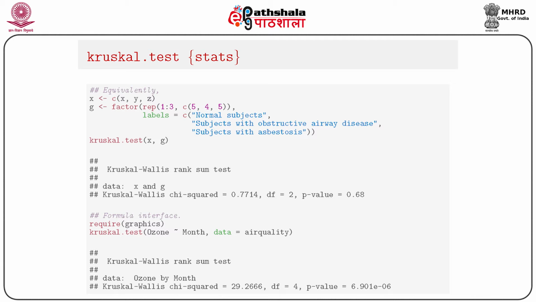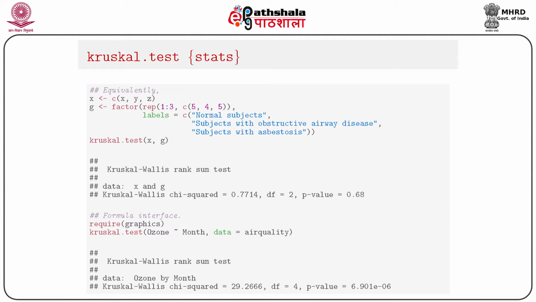Equivalently, we can perform it in this manner: X, Y and Z combined in one variable, and G indicating the group variable, so a factor with replicate 1, 2, 3, 4, 5, five times, and labels normal subjects, subjects with obstructive airway disease, subjects with asbestosis.